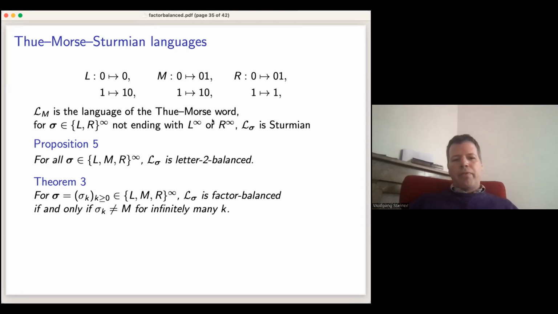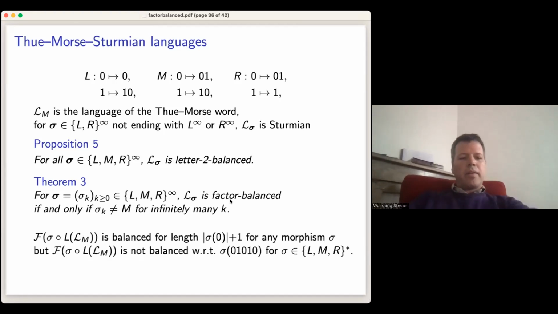And now we have a concrete characterization. For a given sequence sigma of L, M and R's, L sigma is factor balanced if and only if infinitely many sigma k's are different from M. I will give the proof in a moment.